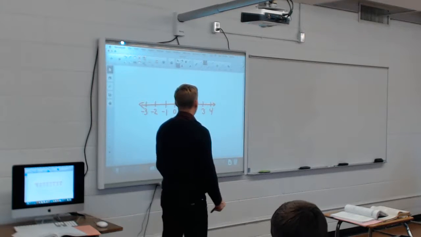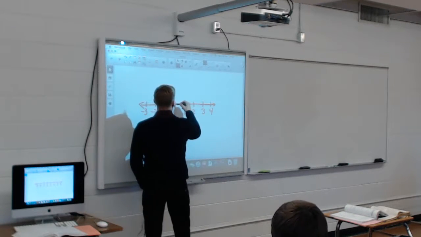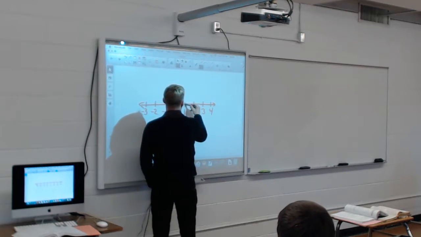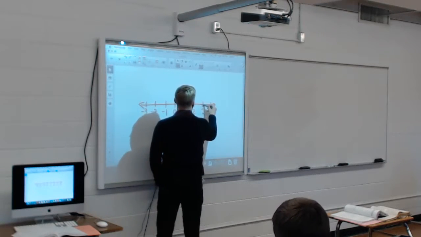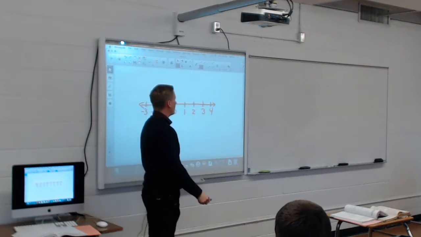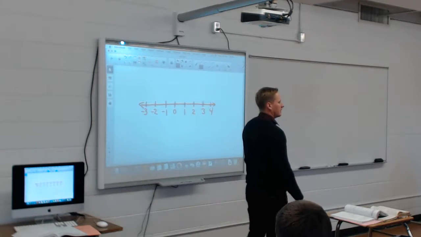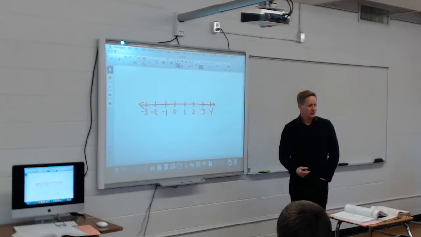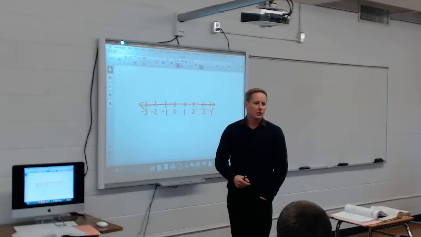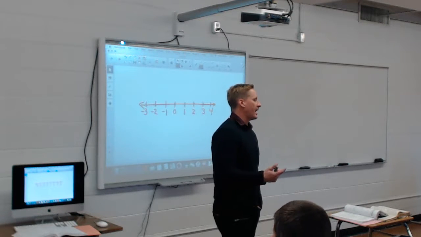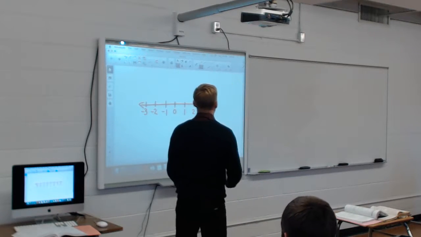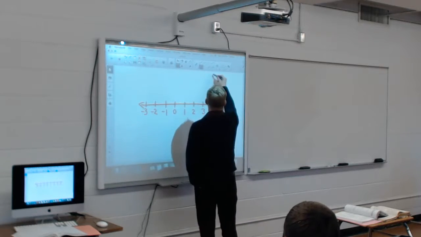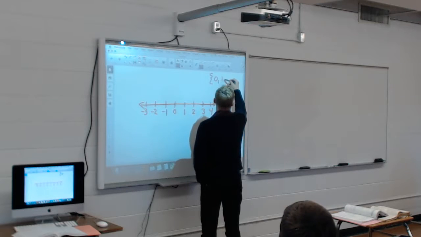So for example, if I were to describe what I'm about to draw here in words, what values did I just indicate to you? 0, 1, 2, 3, and 4. So I could write that as a set. I could describe it as a set in which I can do squiggly bracket, and I could just list it.